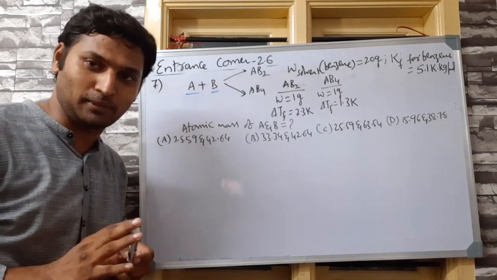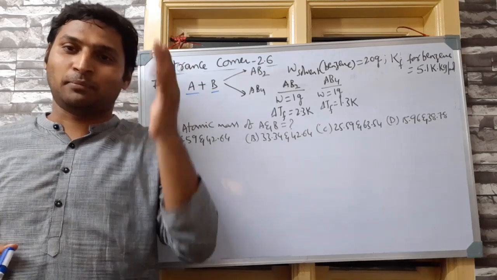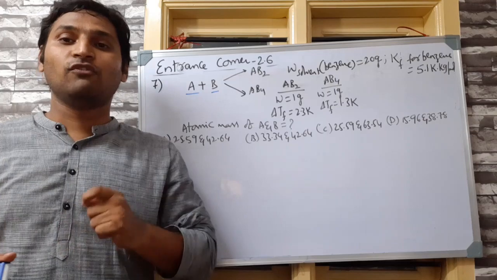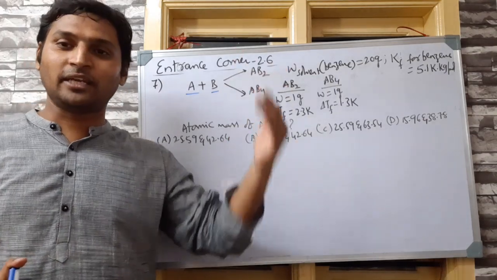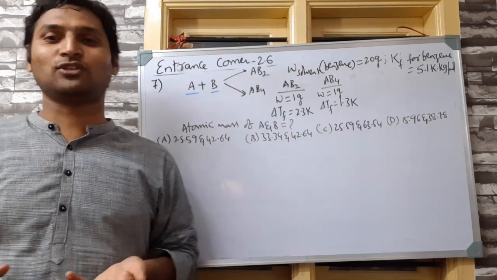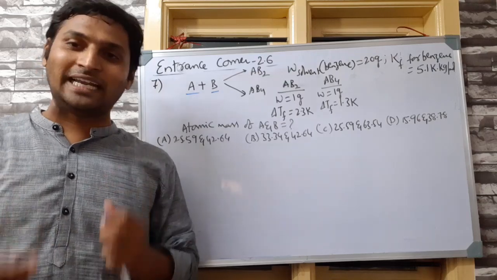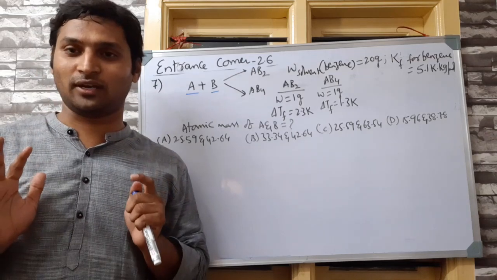See, logic is simple. Depression in freezing point, elevation in boiling point, RLVP, osmotic pressure, these are the colligative properties from which we can find molar masses of solutes. Now from the given information, if we find molar masses of solutes, then finding atomic masses of the constituent elements of the compound should not be an issue. So indirectly it is a problem which involves calculation of molar masses of solutes only.